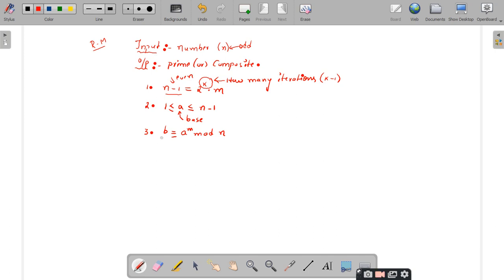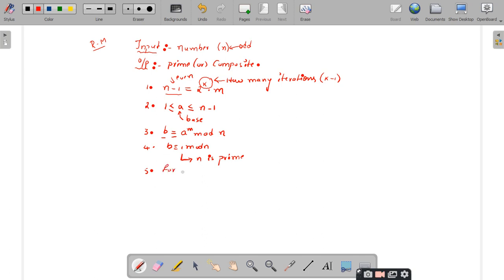Right. So once we calculate this B, we have to check whether B is congruent to 1 mod n or not. If this condition is satisfied, then we say that n is prime. Then what you have to do? If this is satisfied, you just give n is prime. There is no need to go to the loops also.